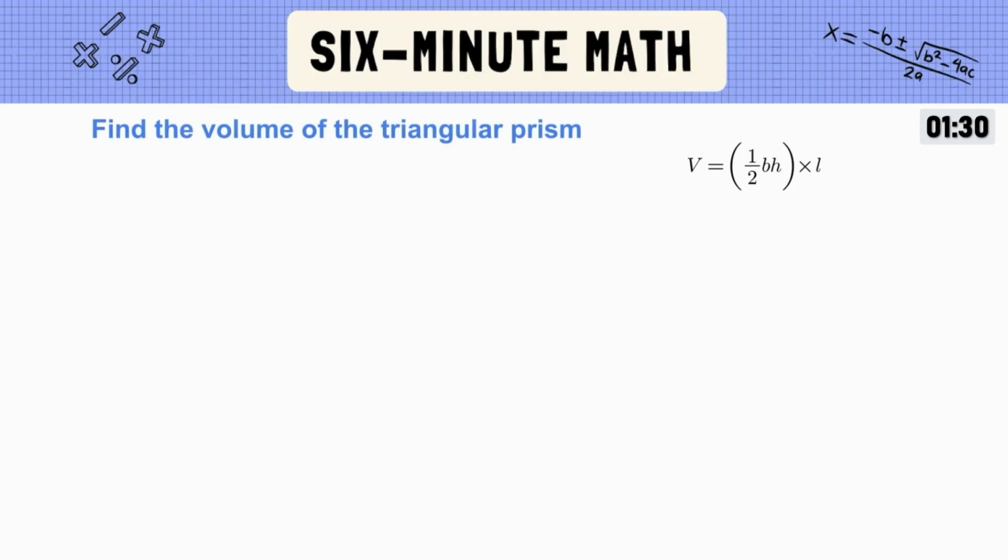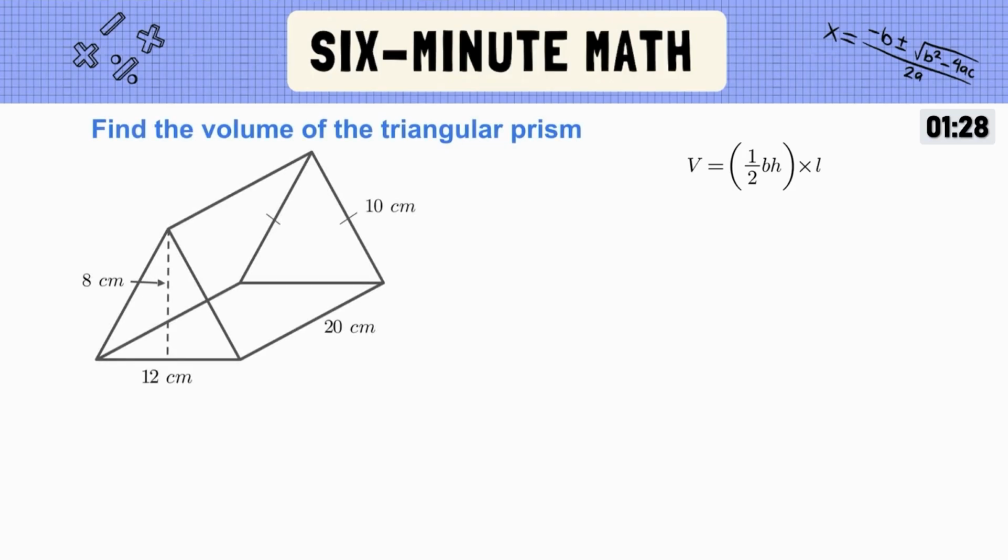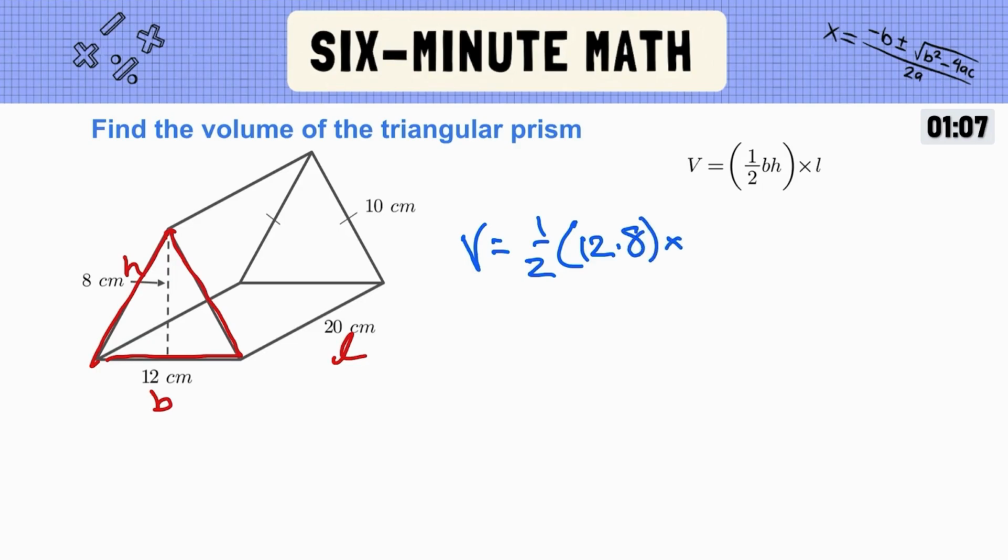On to our last example. We're going to find the volume of the following, and we're going to do that triangle first. So we have a base and a height, and then the length of this prism is 20. So our volume is equal to 1/2 times 12 times 8, and I'm going to multiply that by the length of 20.